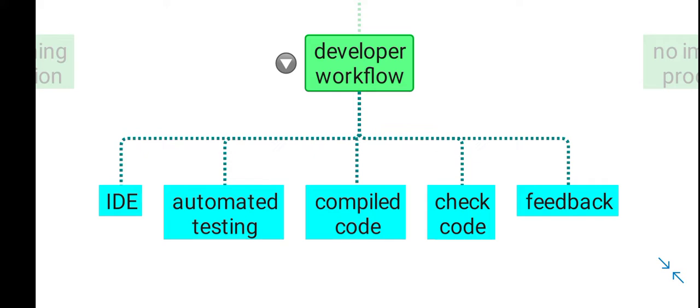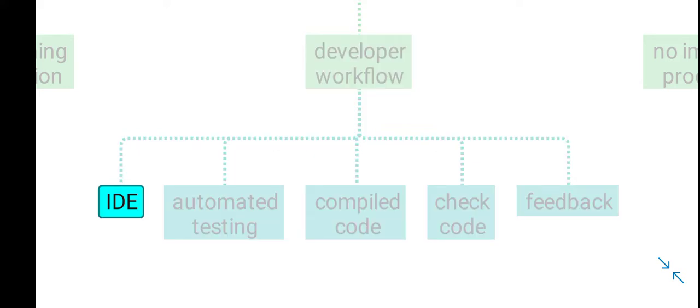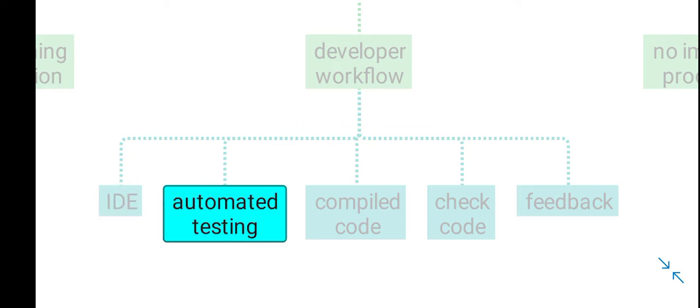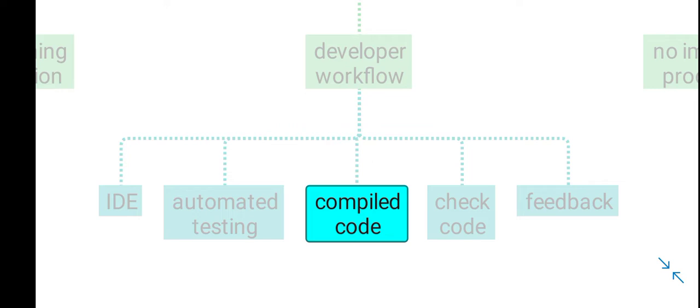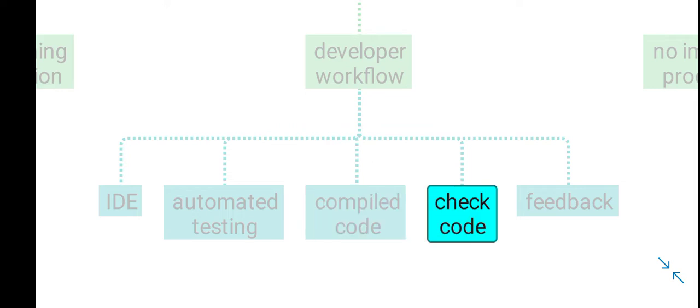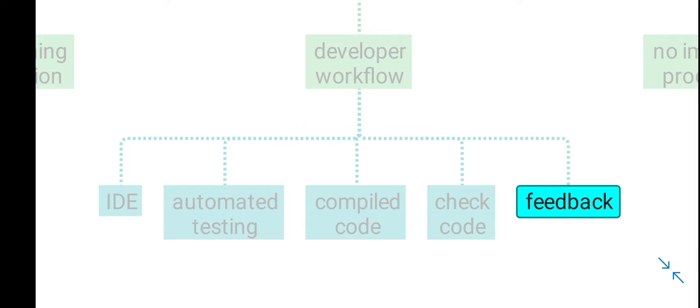It means that once a developer uses an integrated development environment to develop his code, then automated testing is performed once he compiles this code using this IDE. So during this compilation process, a security testing of the code is performed, and the feedback is provided to the developer to fix any bugs.